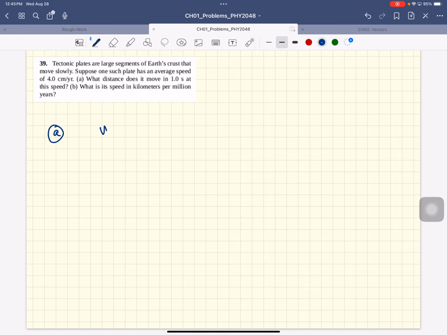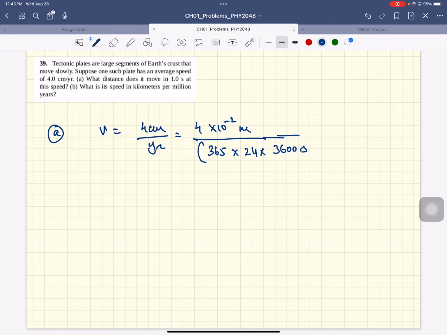So what is the speed? The speed is 4 centimeters per year. And you want to calculate it in seconds, and we'll convert that to meters. So for the prefix, c is 10 to the minus 2 meters. And a year is, 1 year has 365 days. Each day is 24 hours. Each hour is 3,600 seconds. So I've done a whole bunch of conversion all in one shot. Okay.